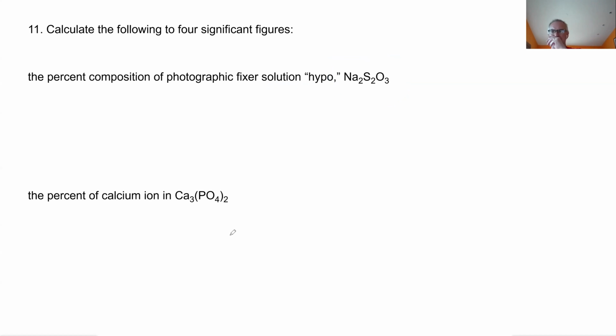So, what does percent composition mean? When we say percent composition, what does that actually mean? What am I looking for here?